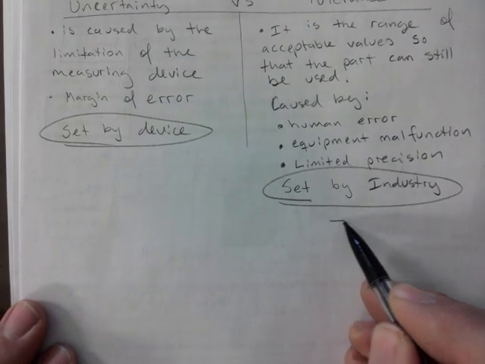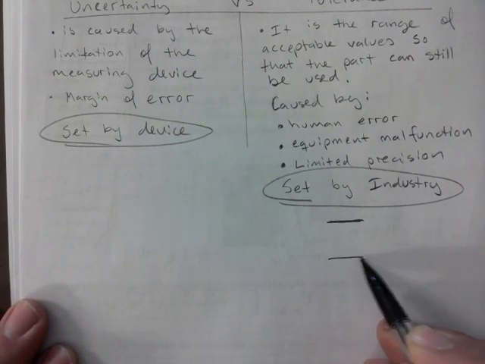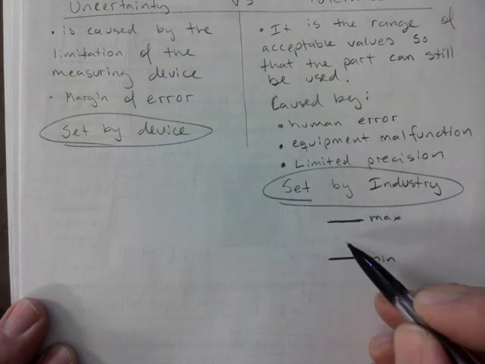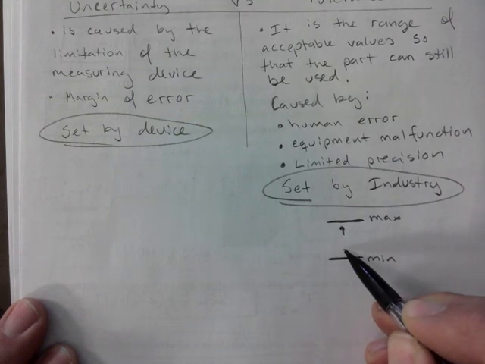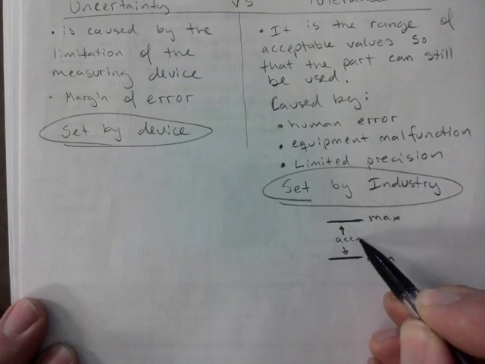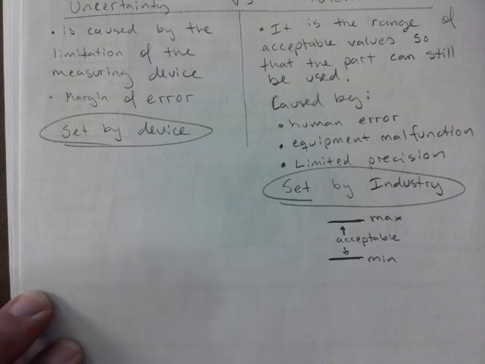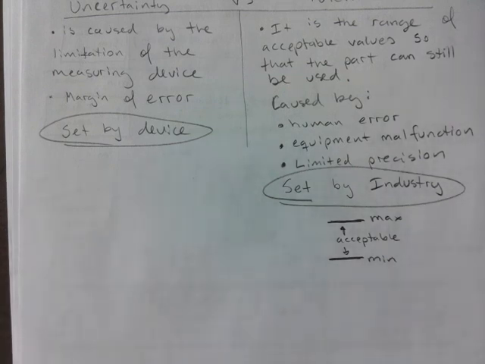So I always see tolerance as, right, there's a low and a max, and everything in between here is acceptable, right? Which is the range. It's the range of acceptable pieces. So anything above it or below it will be discarded.